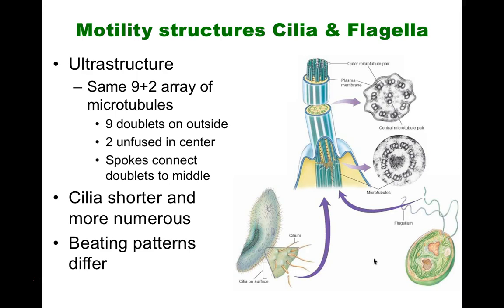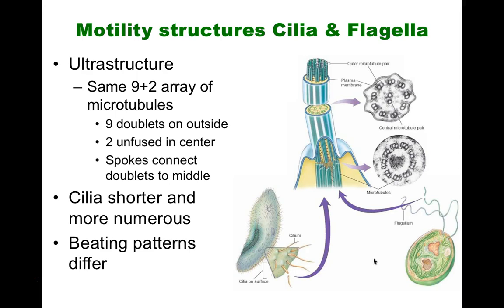Some of those motility structures are called cilia, which are short and very numerous on the surface of certain types of cells, like a paramecium, which is illustrated on the lower left of this drawing or illustration, or could be flagella, illustrated on the right, where we have two individual separate flagella, and the plural of that would be flagellum.